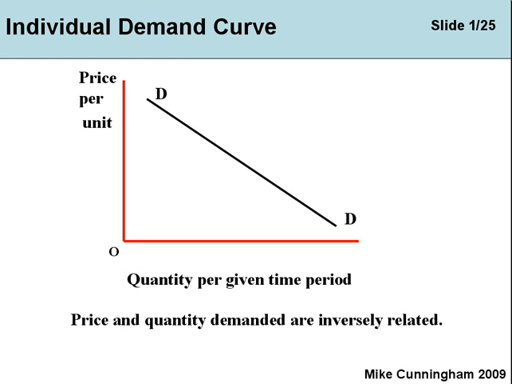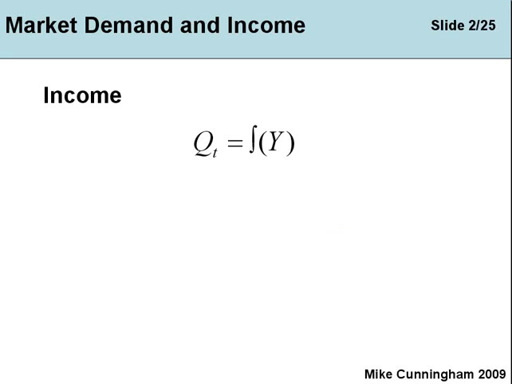Now we're going to talk about the relationship between income and demand, so let's start with this one. We've taken this from the wider demand expression, of course, but what we've got here is the quantity demanded per unit of time, per week or per month or per day or whatever, depends on income.